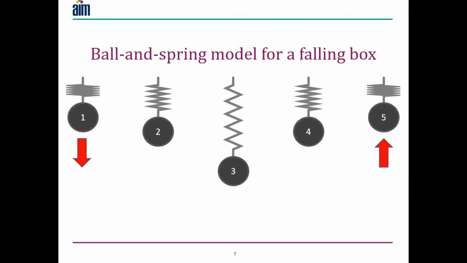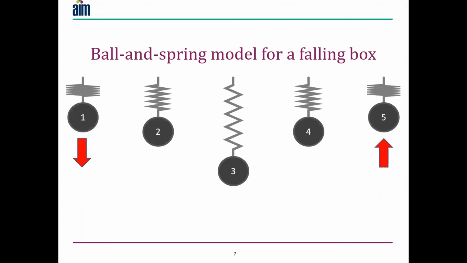As the ball continues down, it's going to start extending that spring. By virtue of what we just learned about springs, the spring is going to start exerting a force on the ball. It's going to start pulling back. When we get to point number 3, that spring is now well extended and a large force is being exerted upon the ball.